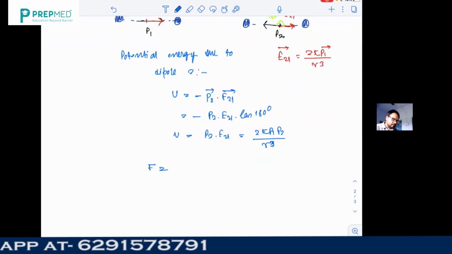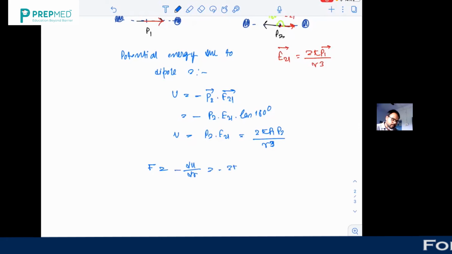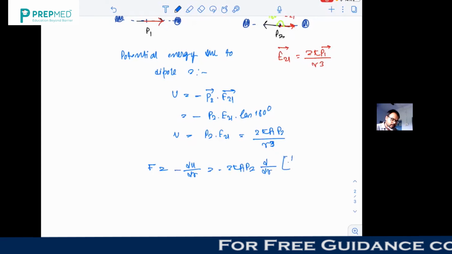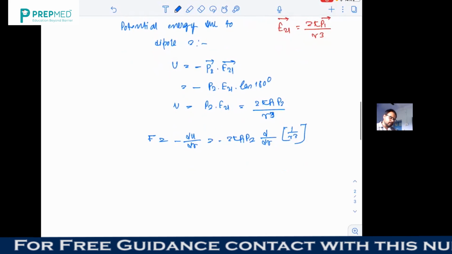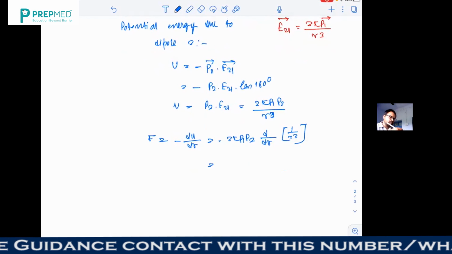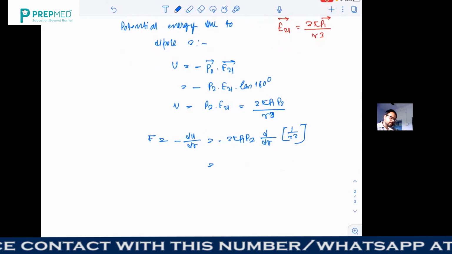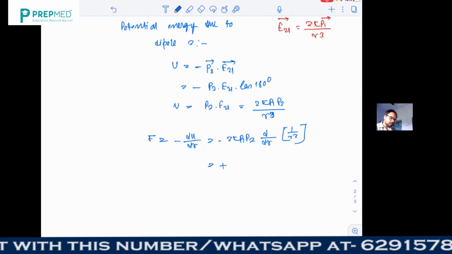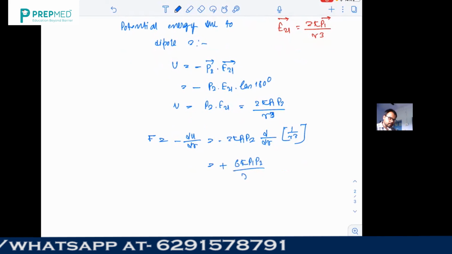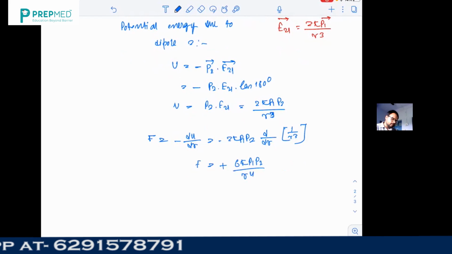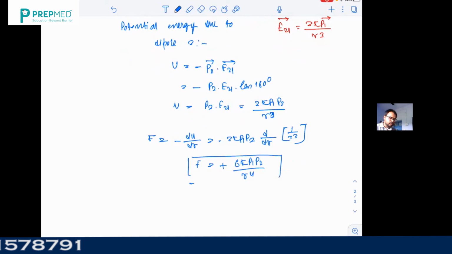The force is minus dU by dr. So this is minus 2K P1 P2 d by dr of 1 by R cube. Finally, this gives minus 3 r to the power minus 4. The minus signs I can adjust, so this is going to be 6 K P1 P2 divided by r to the power 4. So this is the final expression for the force.